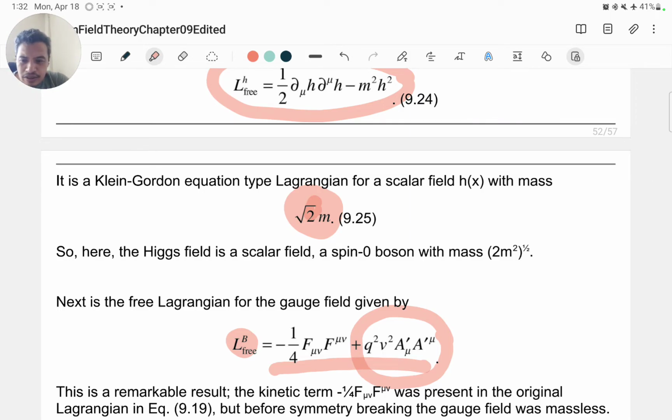By the way, prime here should be dropped, drop the primes.